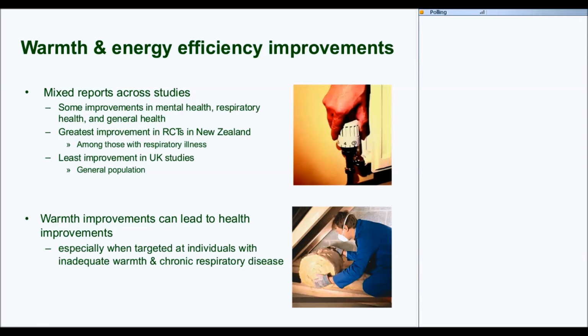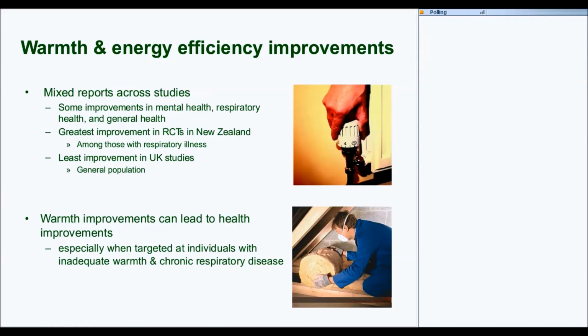Some studies reported quite important and statistically significant improvements in respiratory health and general health, but other studies didn't. And when we looked at the data in more detail, the greatest improvement was seen in randomised trials in New Zealand, and the least improvement was seen in UK studies.